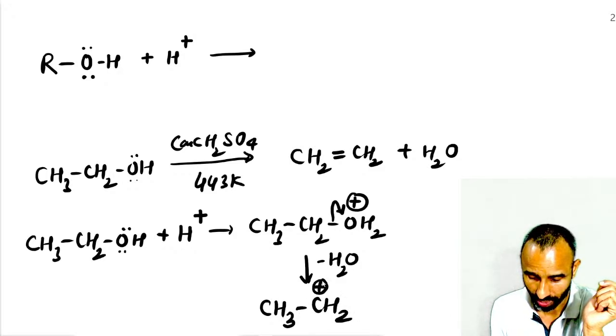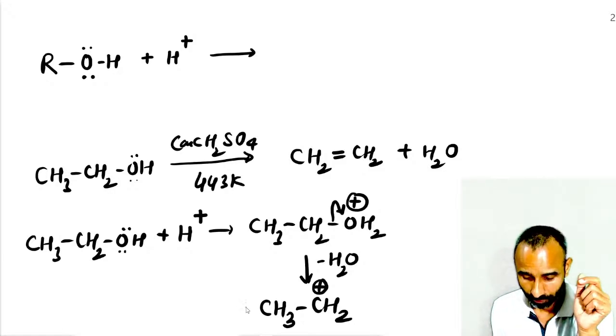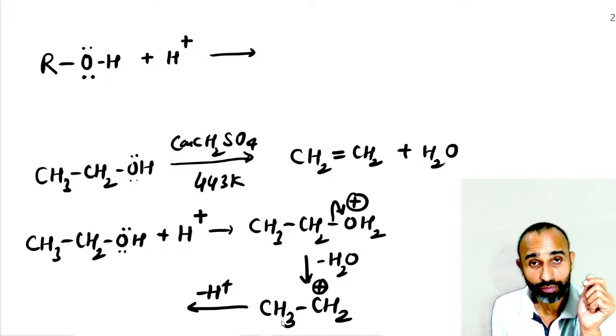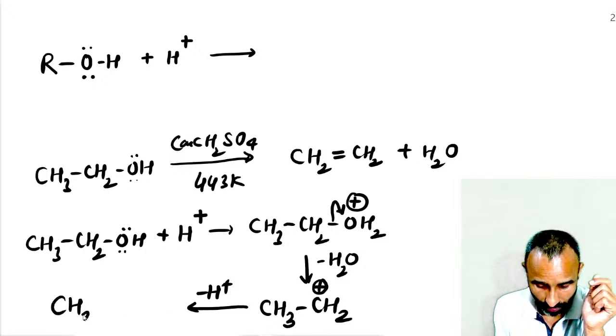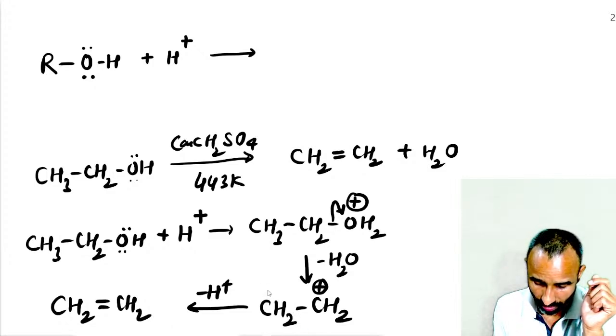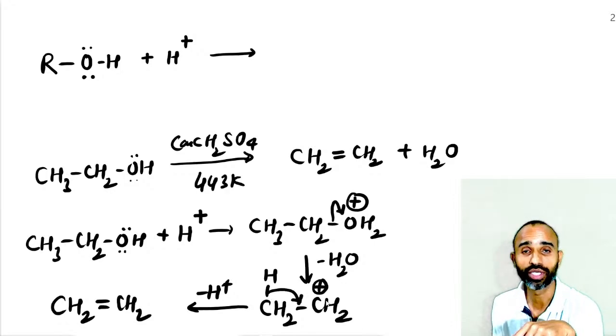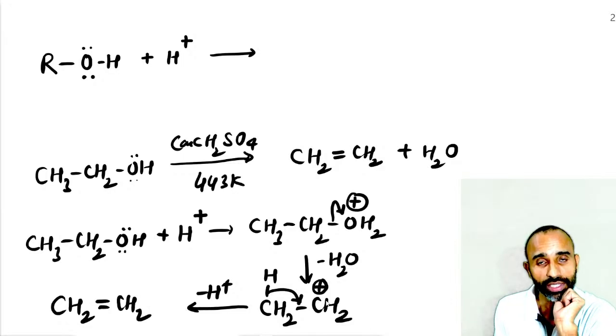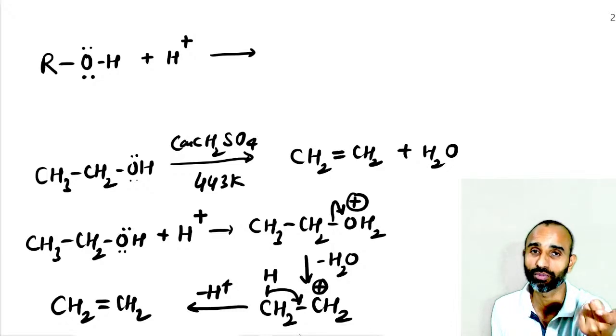And when this carbocation is formed, that H plus ion is removed from this CH3, and we get, it is like this CH3, this is H, electron pair comes here to satisfy the positive charge, and therefore H is removed as H plus.